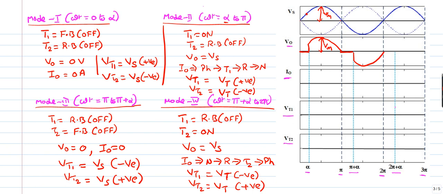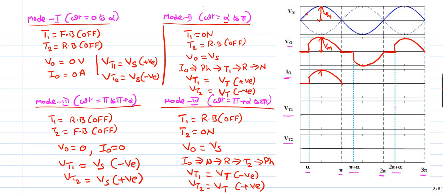Alright, next, so 4 modes are completed. Again, this is the first mode, output voltage is 0 and then output voltage is equal to Vs. So this is the output voltage waveform for the AC voltage controller with R load. When it comes to the current waveform, in mode 1 current is 0, and in mode 2 there is a current flow.